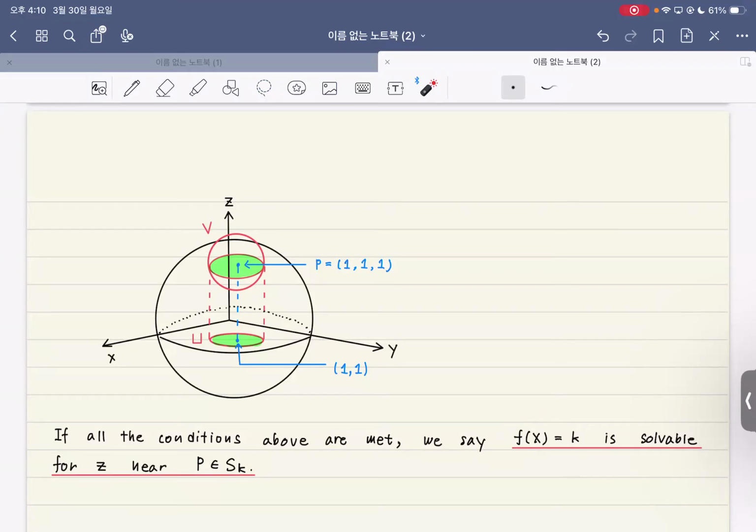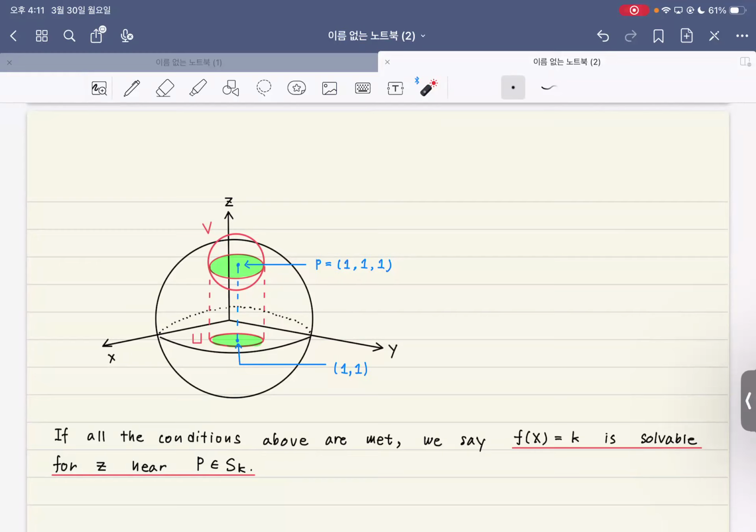Now, here goes the very important question. Suppose that you have some random equation in three variables like x squared plus y squared plus z squared plus 3, and suppose that you have chosen any arbitrary point on this level set. Then can you always solve the equation for the letter z for any given point P in the level set?